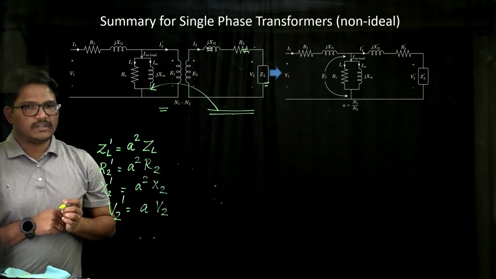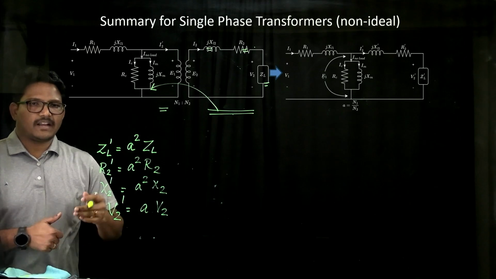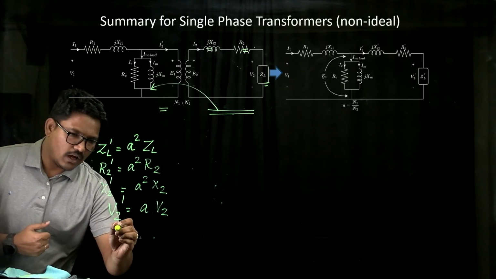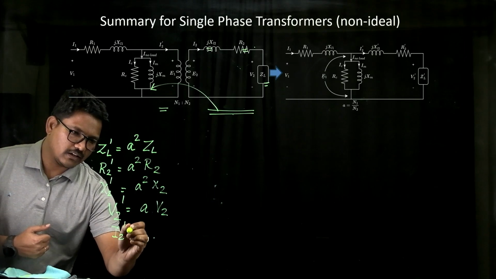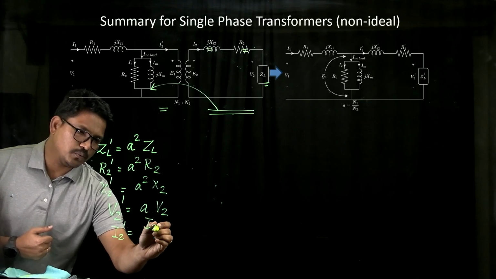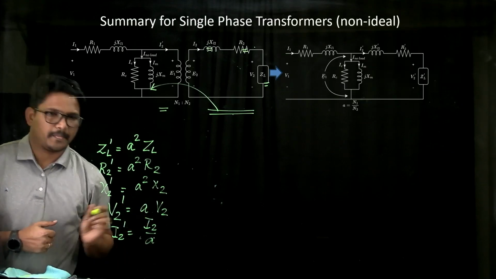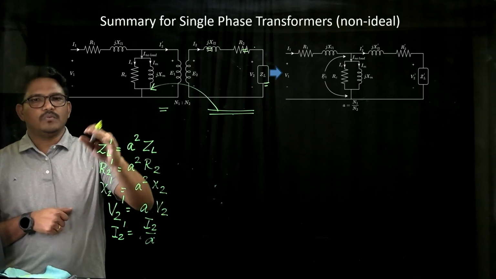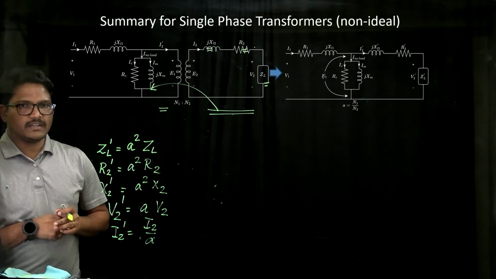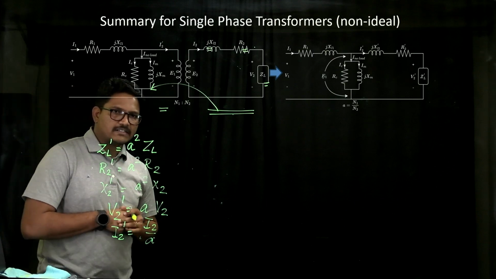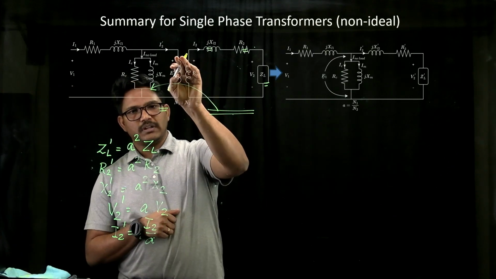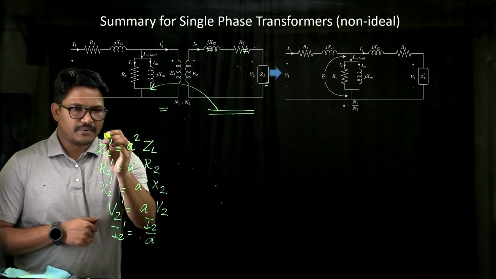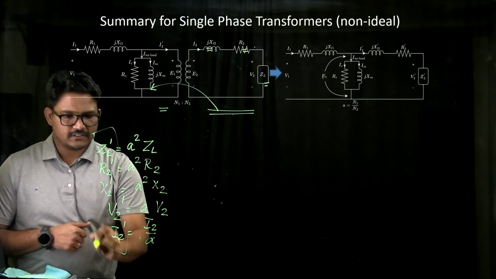And we know that voltages and currents are inversely related, so our I2 dash is going to be I2 divided by A. So this is how we move all the resistance, reactance and impedance on the secondary side of the transformer to the primary, and they are represented with this terminology.